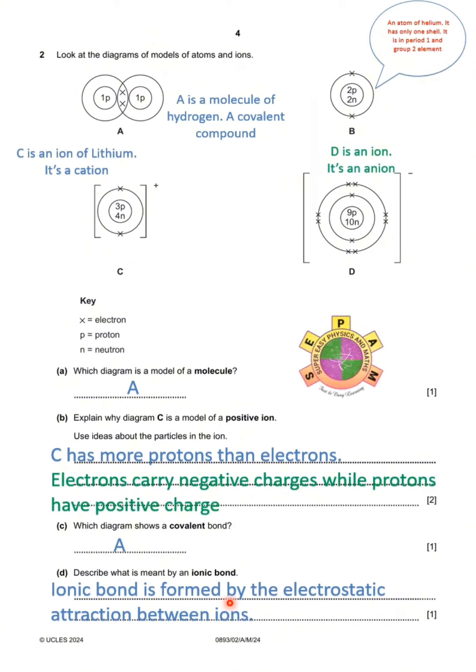An ionic bond is formed by the electrostatic attraction between two ions.